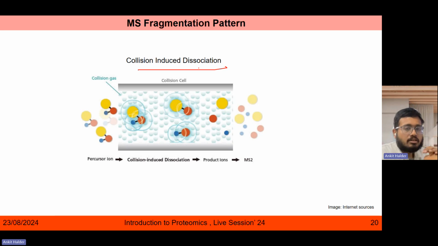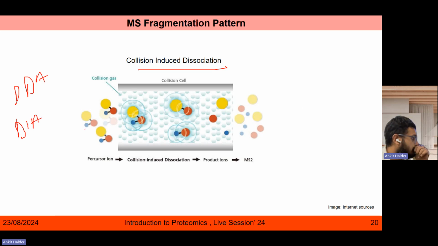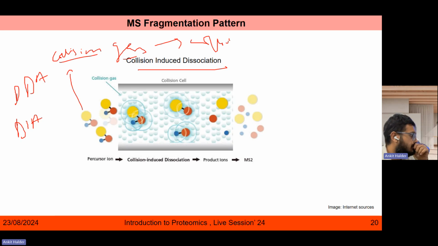The precursor ion, selected either through DDA, that is the top n abundant ions, or through DIA, that is all ions, meets a collision gas, and those collision gas molecules collide with your precursor ion. This is the collision induced dissociation, which leads you to the product ions.